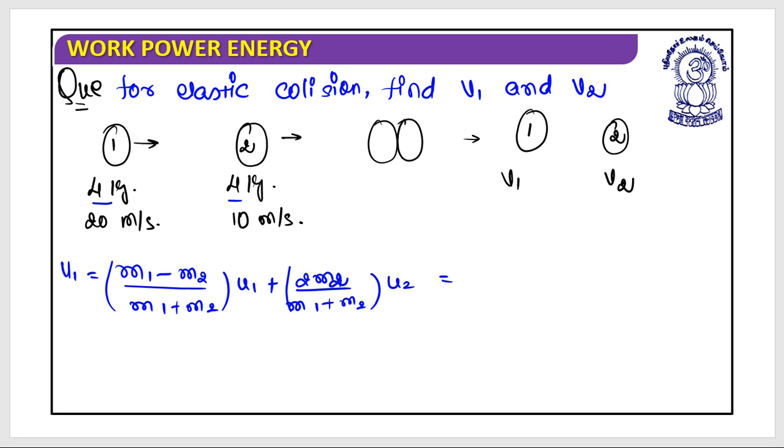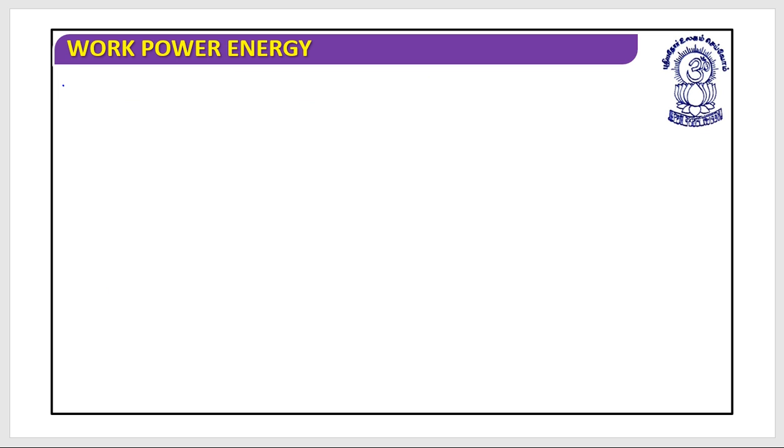If I replace the values, m1 minus m2 is 0, plus 2 into m2, which is 4 kg, divided by 4 plus 4, 8 kg, multiplied by velocity, this is 10. So this has gone, and v1 becomes 10 meters per second. I hope this is clear. Is it clear? Great.